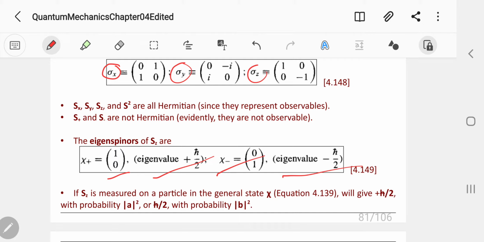So if Sz is measured in a particle in a general state chi, it will give positive h bar over 2 with probability a square, or negative h bar over 2 with probability b square.